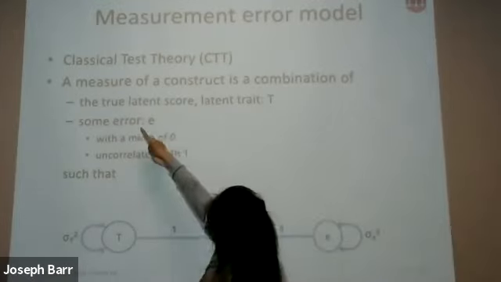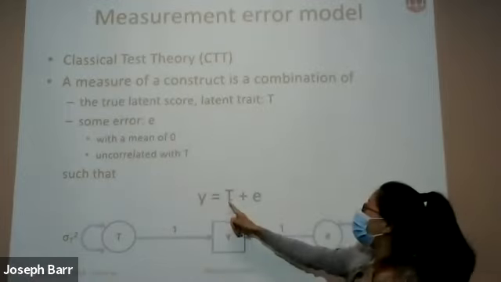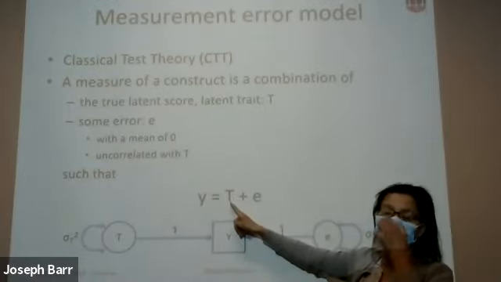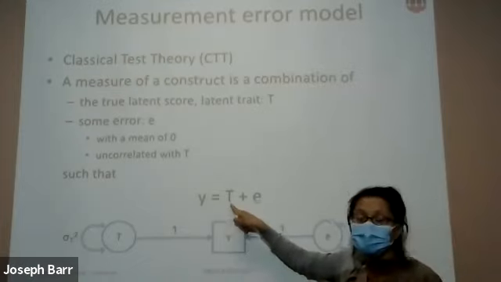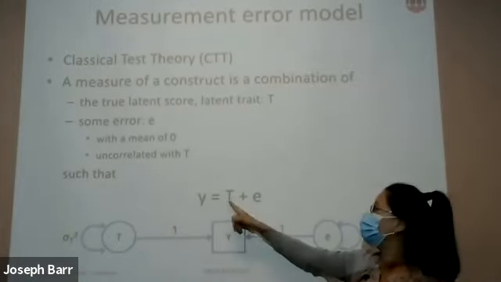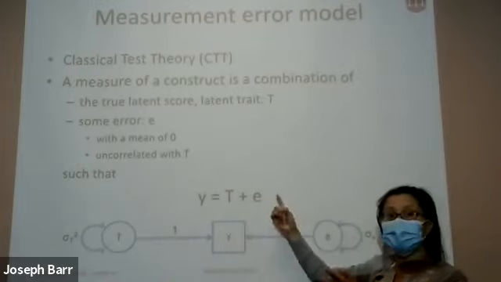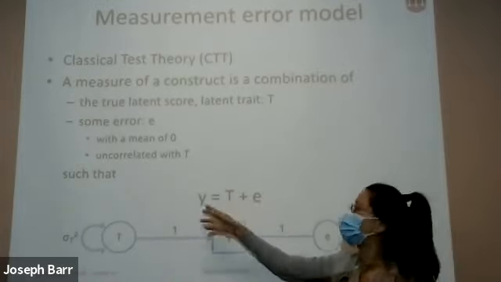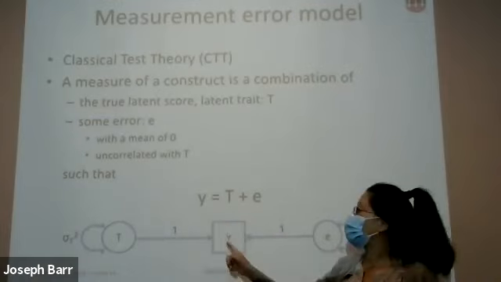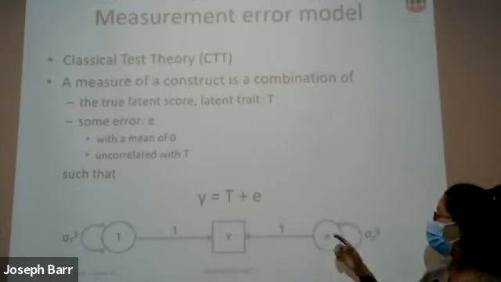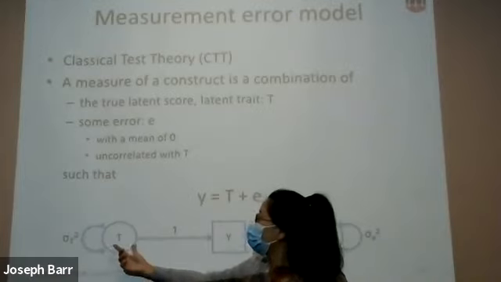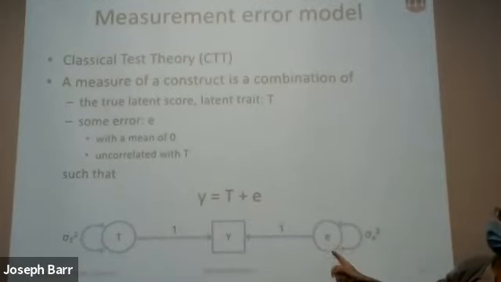This is our real interest; we're trying to measure this variable, but very often we cannot get the true value. So we have some measurement error combined with it, and we have the observed y. So the observed y is a combination of the true value and the measurement error.